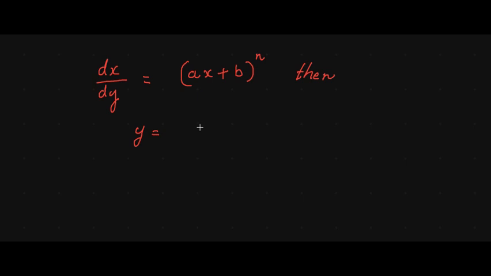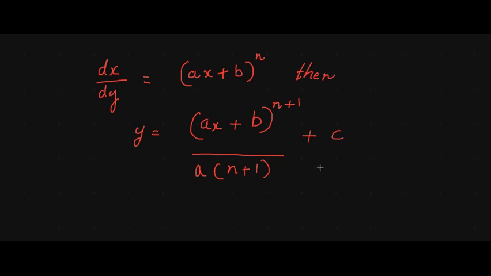So they're saying that y is equal to (ax plus b) to the power of n plus 1, divided by a multiplied by (n plus 1), plus c.